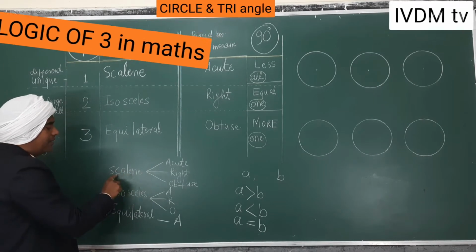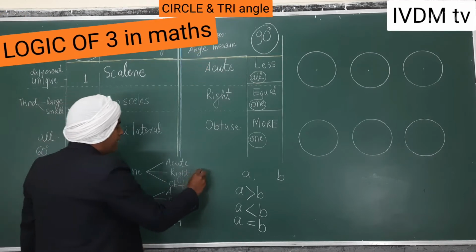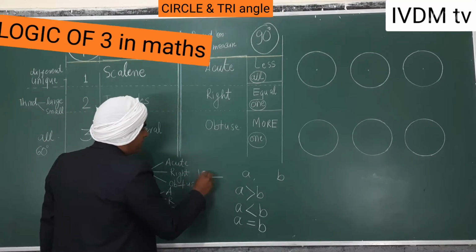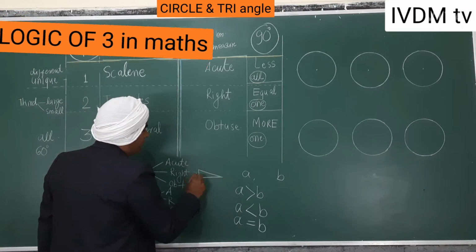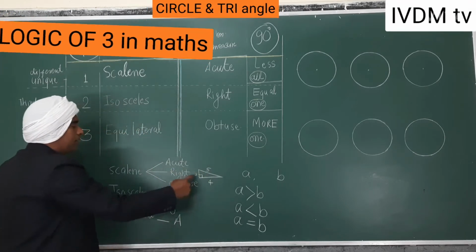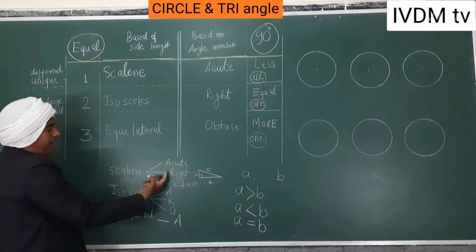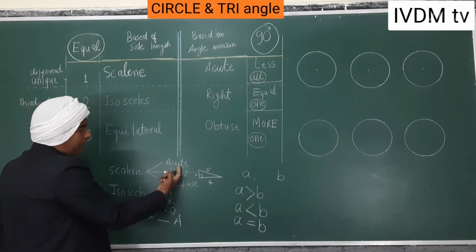Scalene and right angle, yes, in normal right angle triangle all the sides are different, just like here 3, 4 and 5. This is 90 degree. So all the sides are different, but it is right angle also.